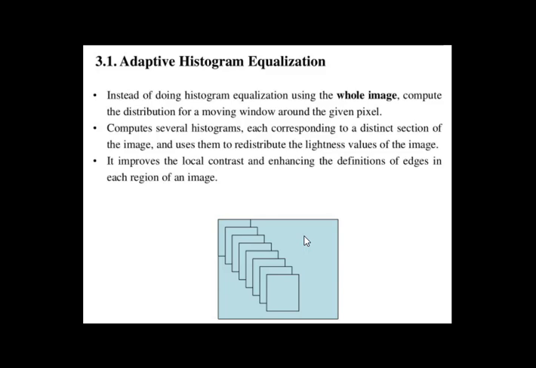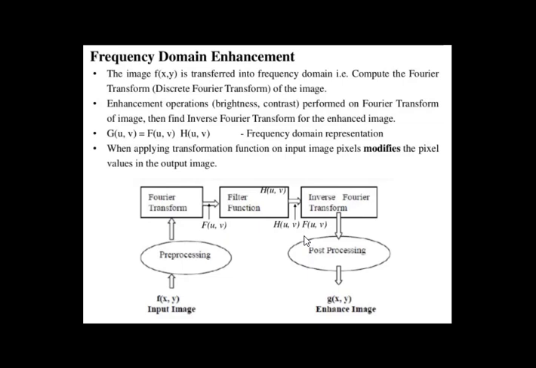So take one pixel and calculate different histograms in different succeeding images. Analyze it. It will improve the local contrast and enhance the definition of edges in each region of the image. So this is the adaptive histogram equalization method.